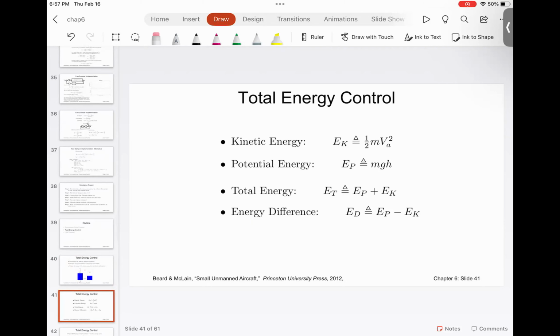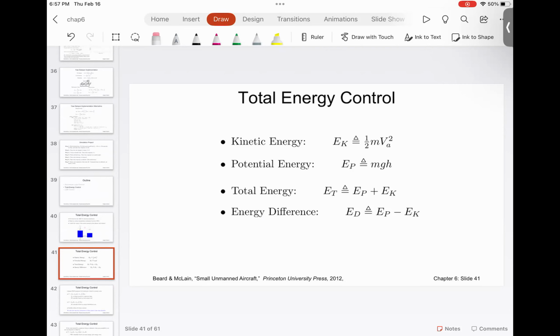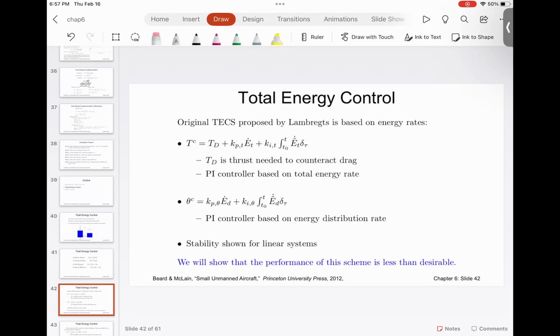So what you do is, for a dynamical system such as an aircraft, you find the kinetic energy, you find the potential energy, and you find the energy rate. So you do energy rate calculations. And then the problem is, even though people have shown that this technique works in simulation, this is nothing but one form of Lyapunov technique, which is the energy-based technique.